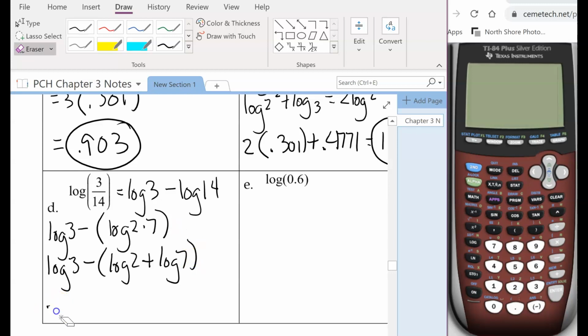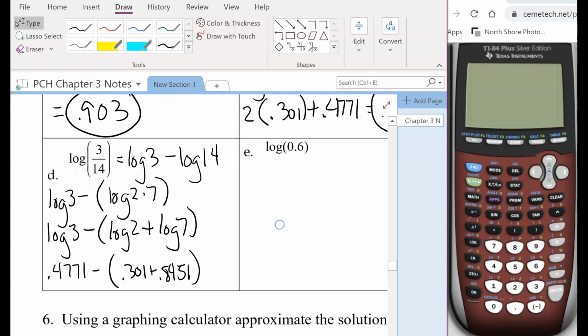And now we have it broken up into values that we have. So the log of 3 is 0.4771 minus, and the log of base 2 is 0.301, and the log of base 7 is 0.8451, and our final answer is negative 0.699.